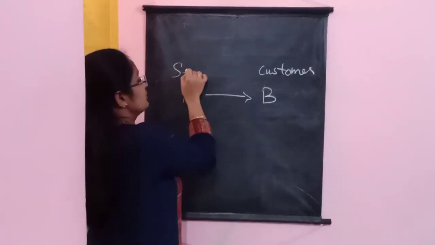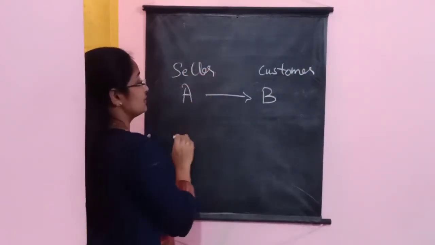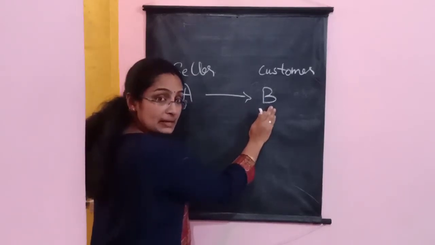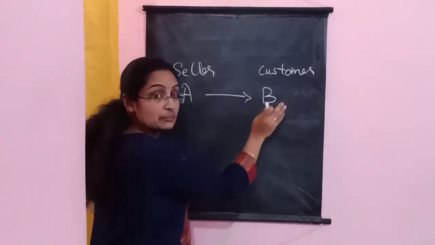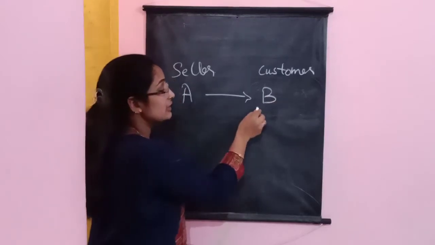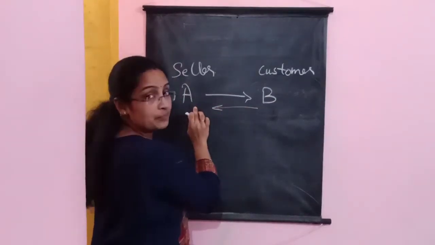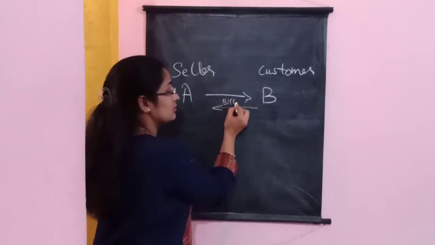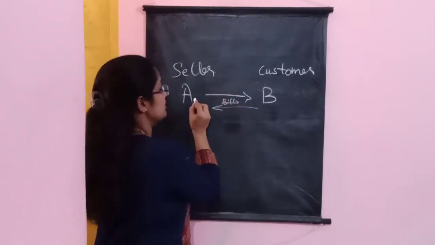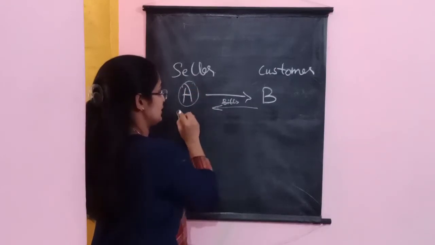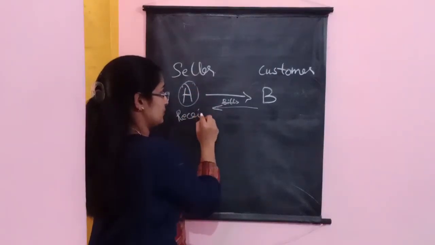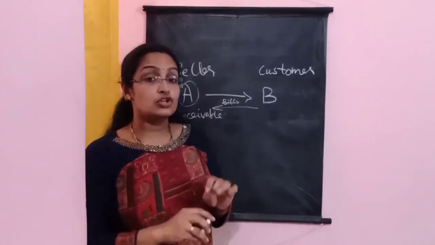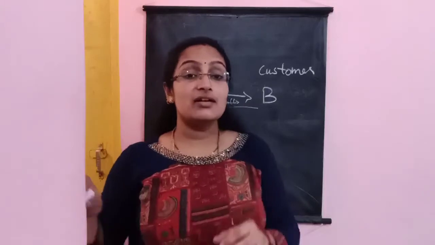Then Mr. A will write the bill towards Mr. B, and B will accept the bill and then return it back to Mr. A. In this sense, the bill sent to Mr. B is his receivable. Bill receivable.